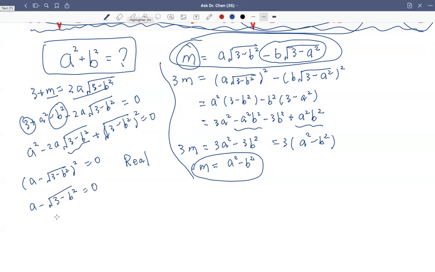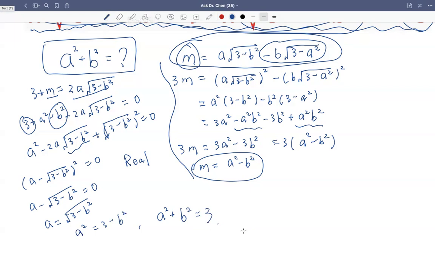Then we move this one to the other side. That's a equals square root of 3 minus b squared. Then we square both sides. So we get a squared equals 3 minus b squared. Bingo. Add b squared on both sides. We have a squared plus b squared equals 3.